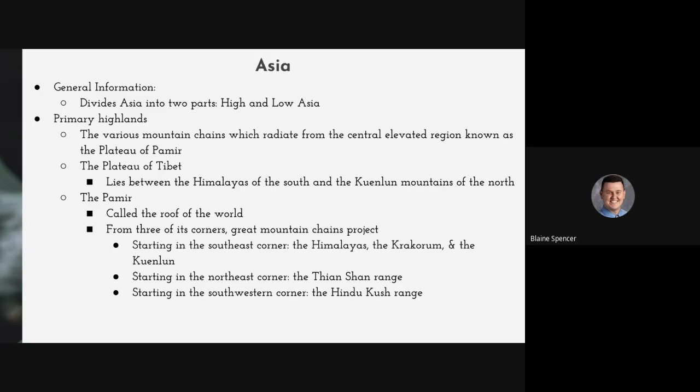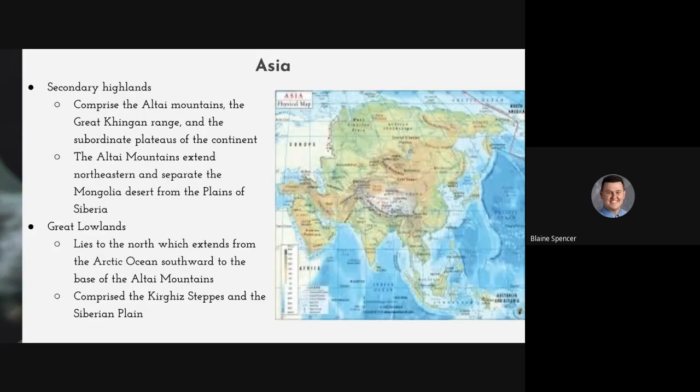When we look at this, we see that the Himalayas, the Karakoram, and the Kunlun are going to be starting here. The southwest corner is going to be down here, and the northeast is going to be up here.